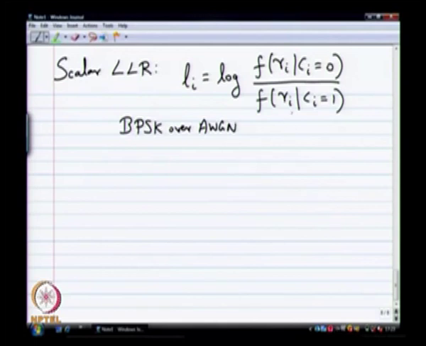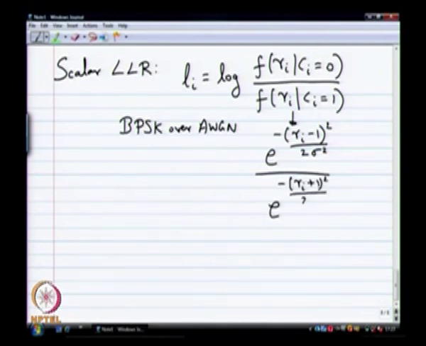This ratio will simply be e to the power minus (r_i minus 1) whole squared by 2 sigma squared, divided by e to the power (r_i plus 1) whole squared by 2 sigma squared. This will basically become e to the power 2 r_i by sigma squared.